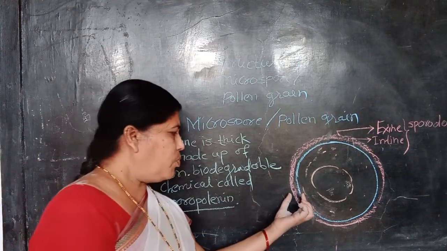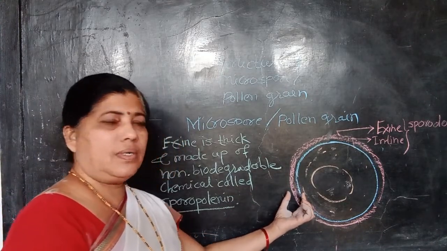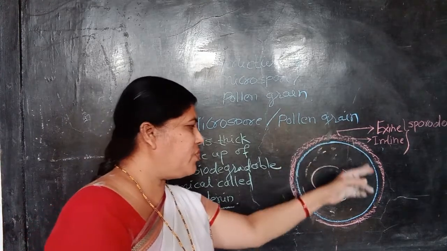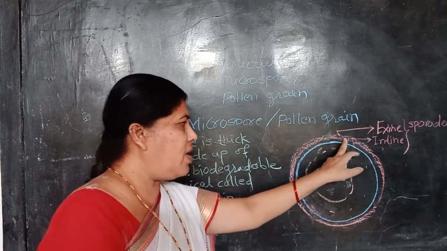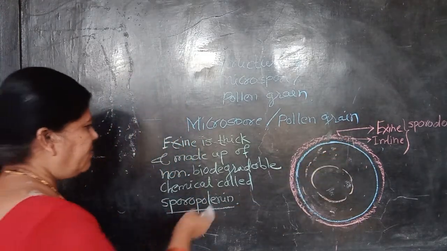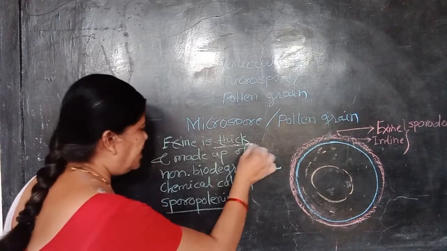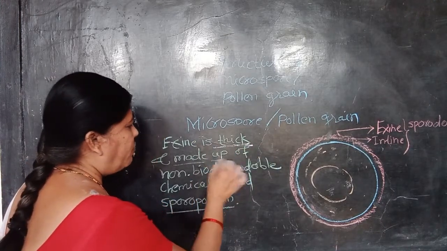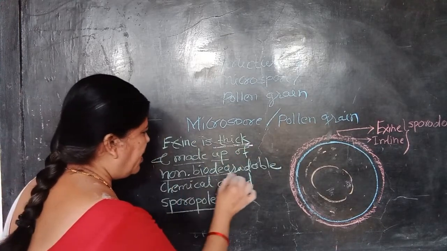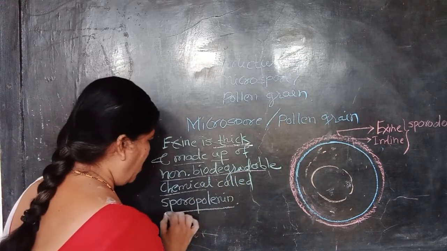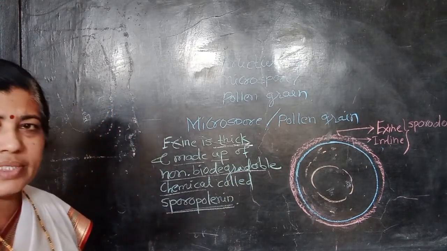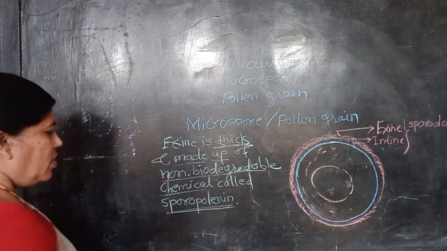This is sporoderm, that is the wall of pollen grain. It is made up of two layers. Outer layer is called as exine. This exine is very thick, and exine is made up of non-biodegradable chemical, and that chemical is called as sporopollenin.